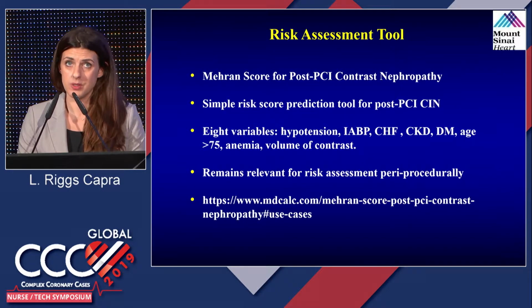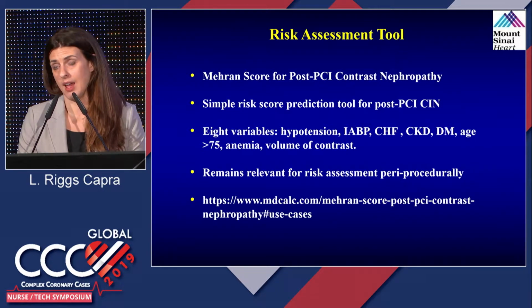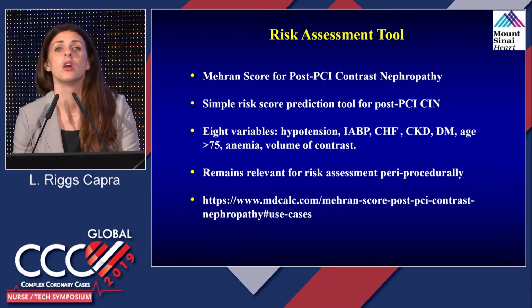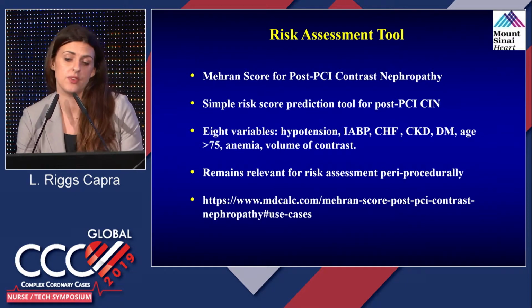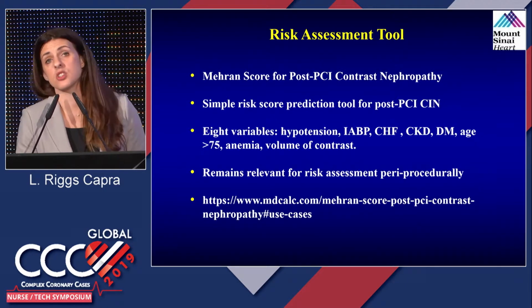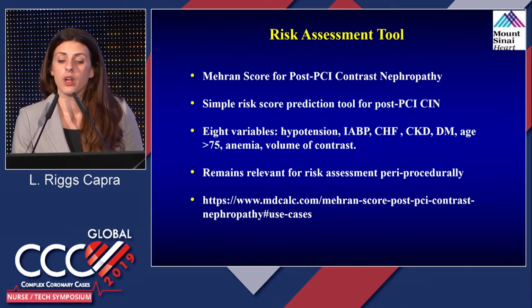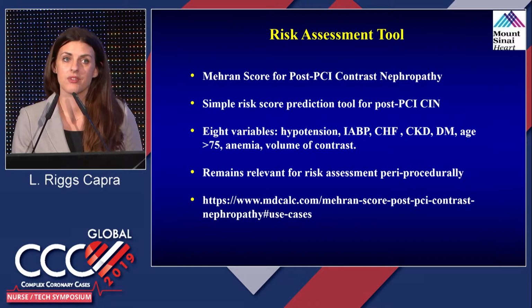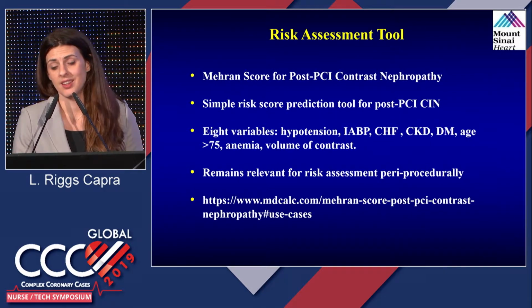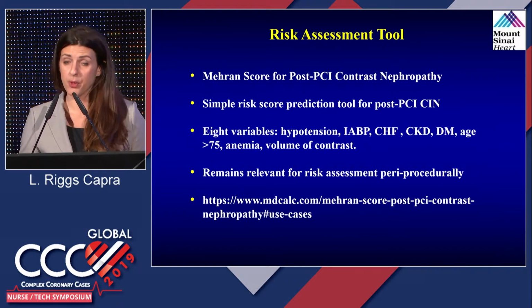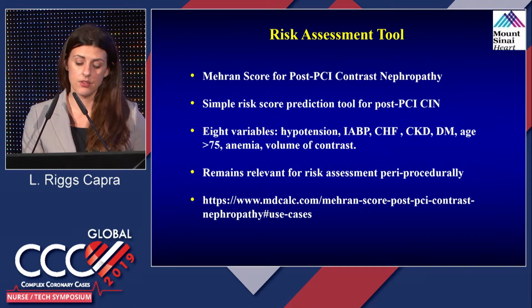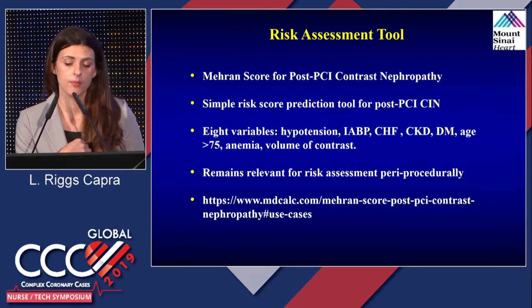This was done in 2004. So one of the questions I thought and asked while I was preparing this for everybody was, is it still relevant? Do we know if it's still relevant? And in fact, there was a study done just in 2016 where a group of physicians went through and they looked to see if this is still relevant. And in fact, it is. They're still using it, and it's in our guidelines, both for acute kidney injury and for the contrast-induced AKI.